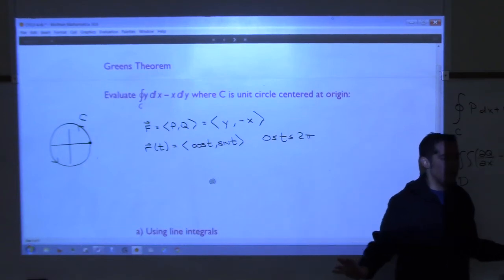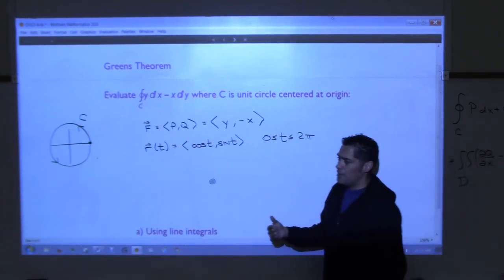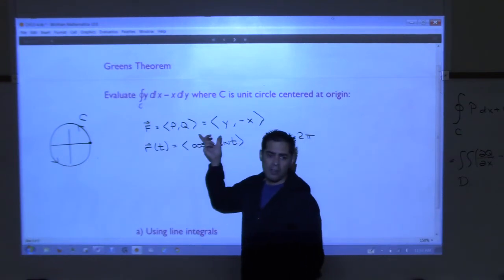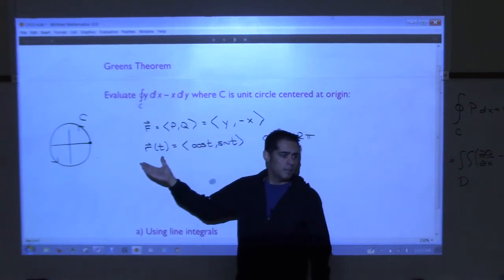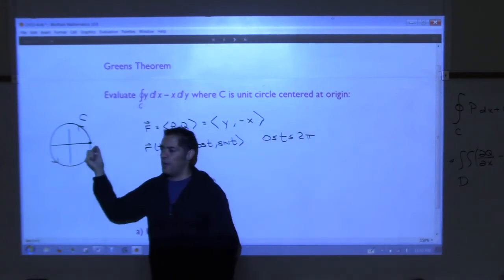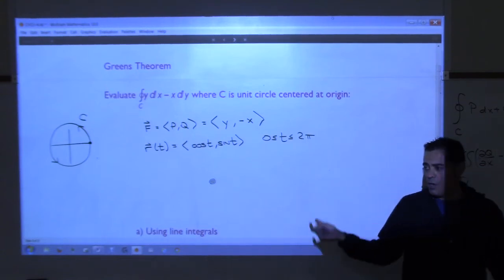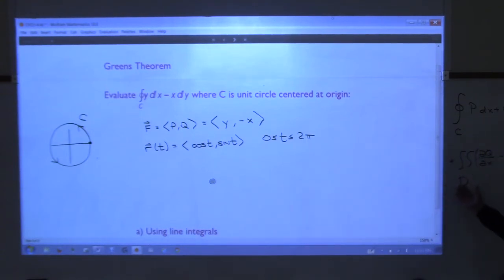It's not conservative, so you cannot use the fundamental theorem of line integrals. If this was conservative, what would the answer be? 0, because it's a closed curve. You start and end at the same point, so the difference between the two endpoints would be 0, there would be no work, and we'd be done. But since it's not conservative, we'd have to grind this thing out.